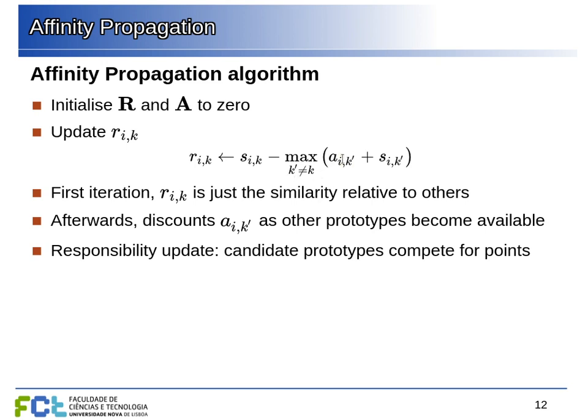Note that we are looking at the maximum of this expression by going through all possible representatives that are not k. So basically, as i votes for k, it's also considering what is happening to all other potential representatives. So we consider the similarity between i and k.